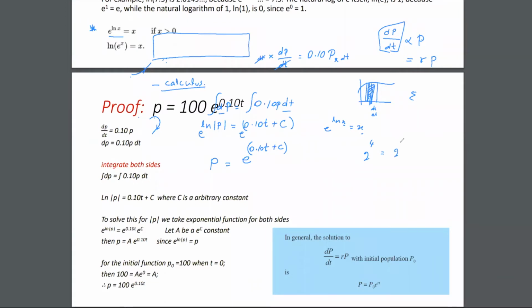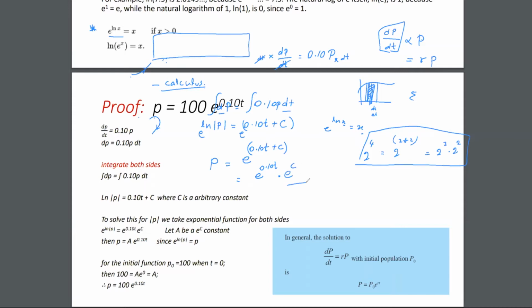Also, I can write it as 2 to the power 2 plus 2, or I can write 2 to the power 2 multiplied by 2 to the power 2. These are all the same, right? I'm using this concept here, okay? So when I use this concept, I can write e to the power 0.10 t multiplied by e to the power c.